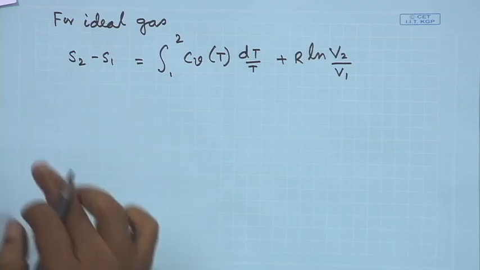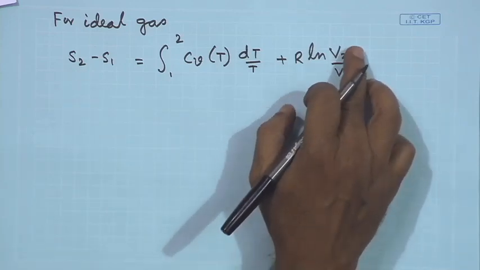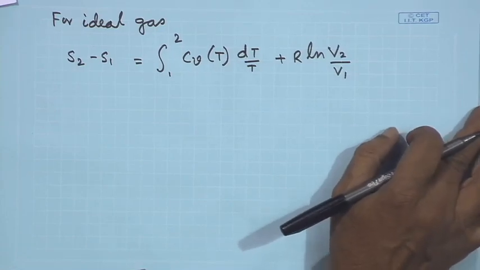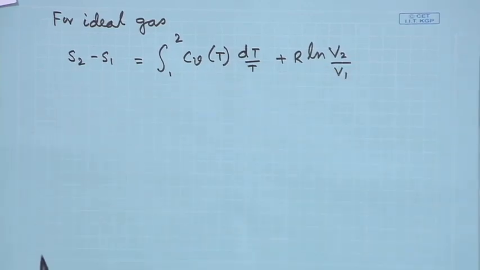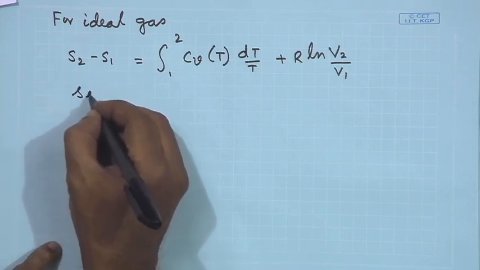Here I have written the entropy change as an extensive property. I can write it as an intensive property also.